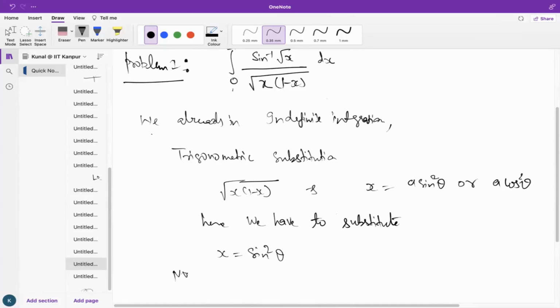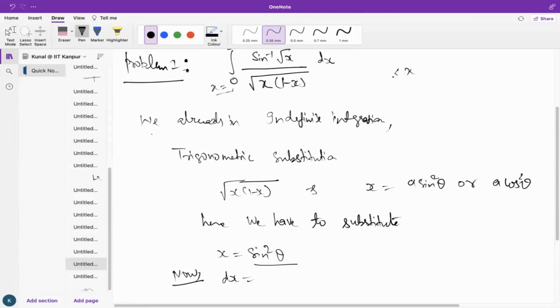Now let's find the elementary element by differentiating this. One thing I told you in lecture number 1: the variable with respect to which we integrate the integrand, its value here is the elementary element, because we are integrating with respect to x.